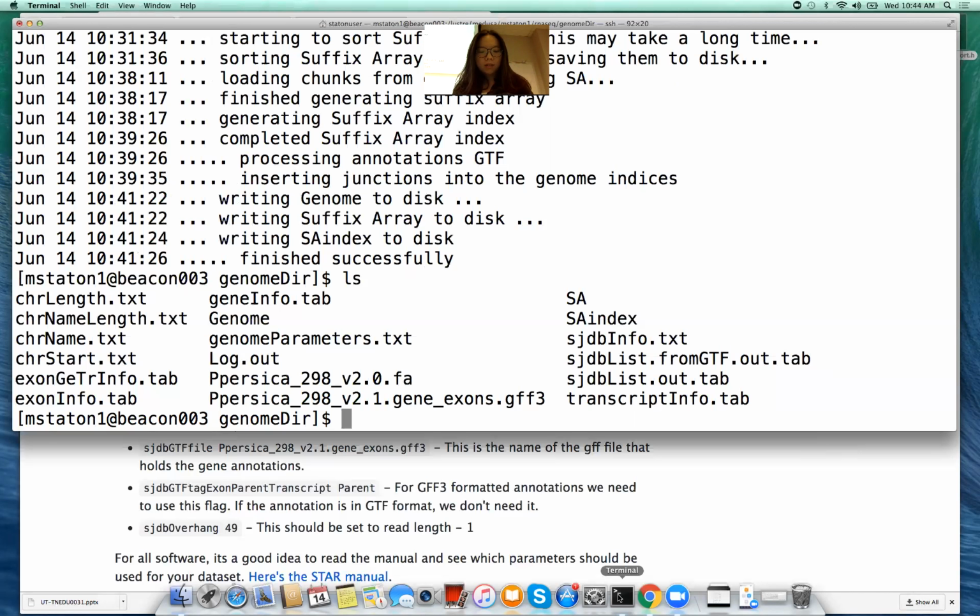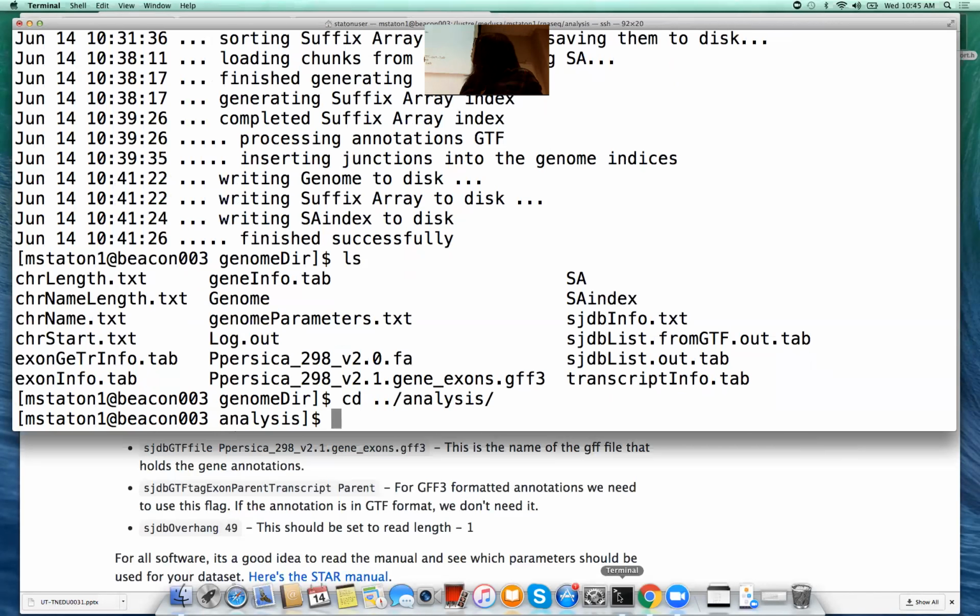So right now, let's go back to our analysis folder and create a 04 star directory.